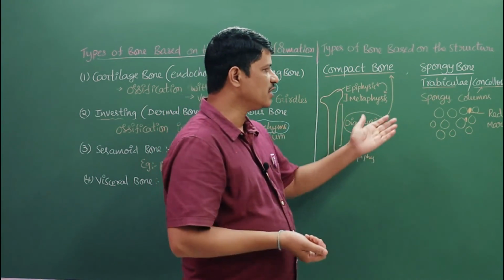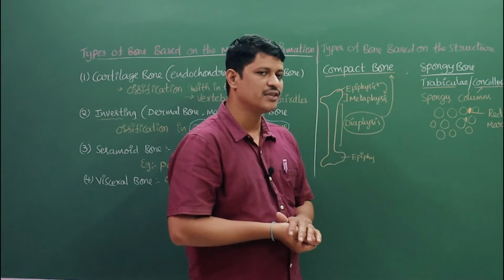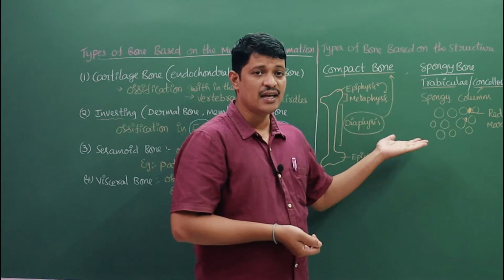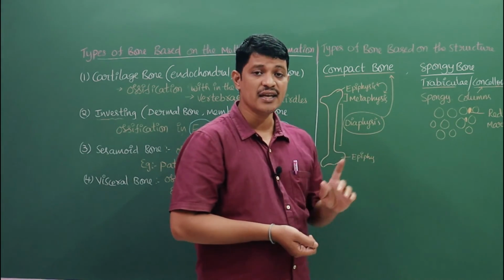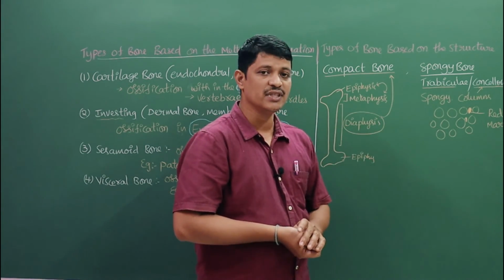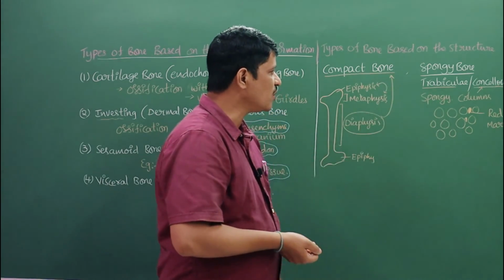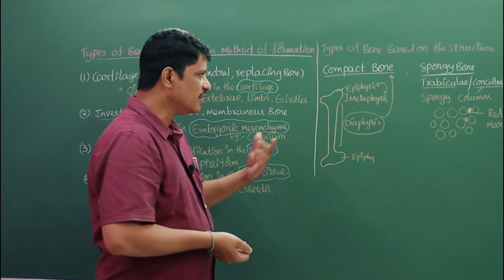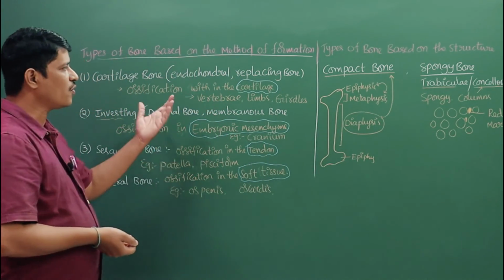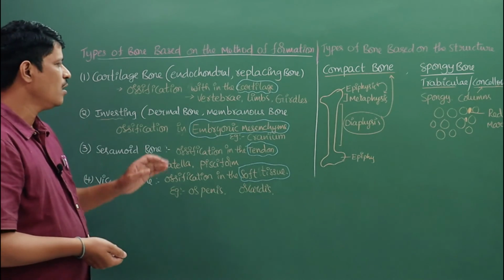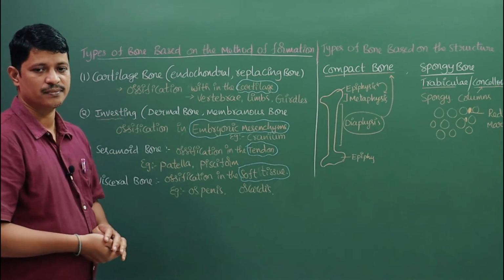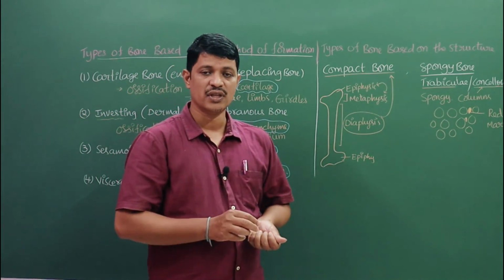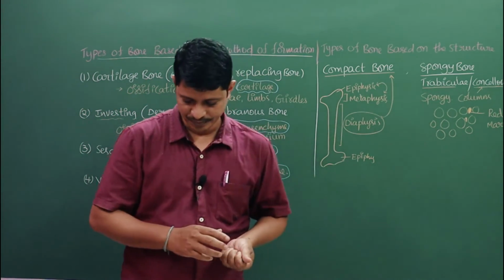It looks soft and spongy with many columns and many irregular intercellular spaces with red bone marrow. That is the spongy bone, whereas the compact bone is present in the diaphysis. These are the different types of bone according to their formation and structure. Next, we are going to learn about the structure of the long bone.